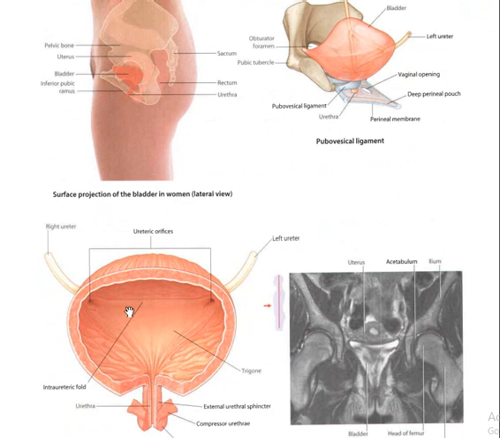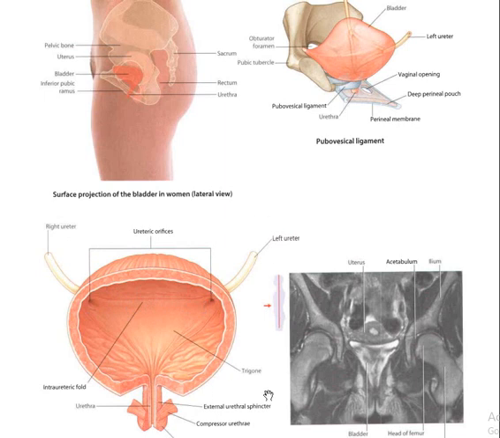The trigone posteriorly can be characterized as having a fold here, which is the interureteric fold between the two ureteric orifices, which are going to be insertions of the right ureter and the left ureter.